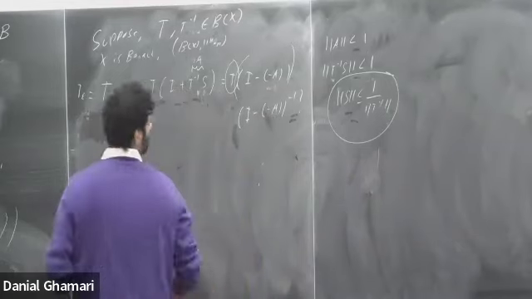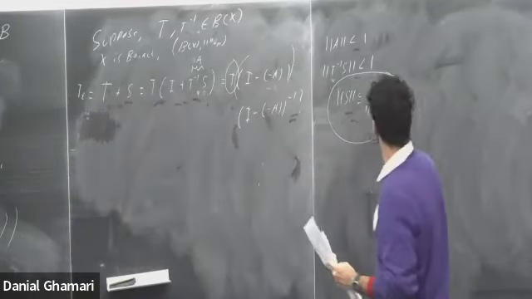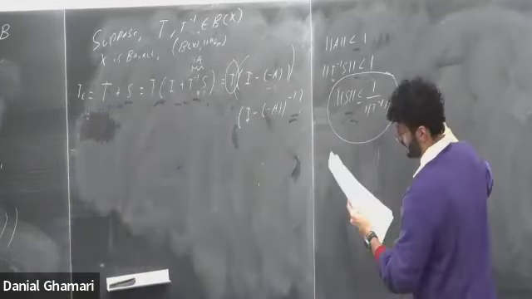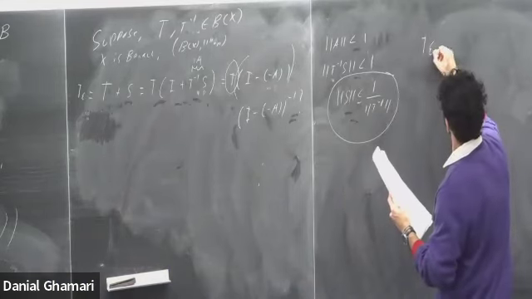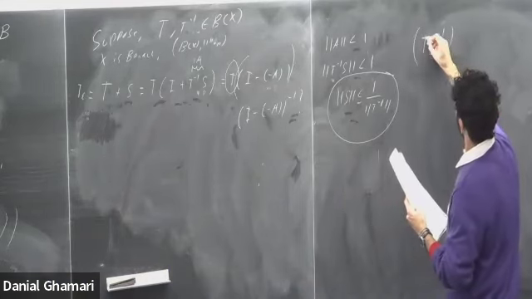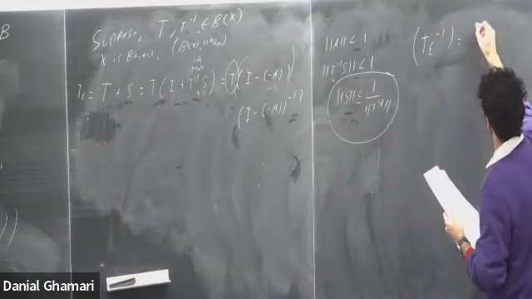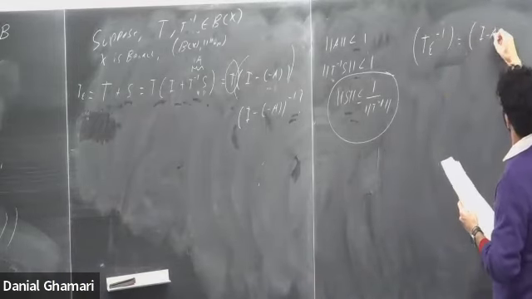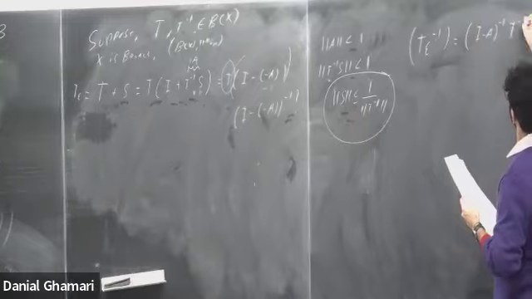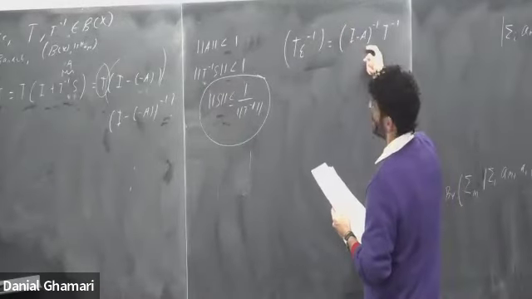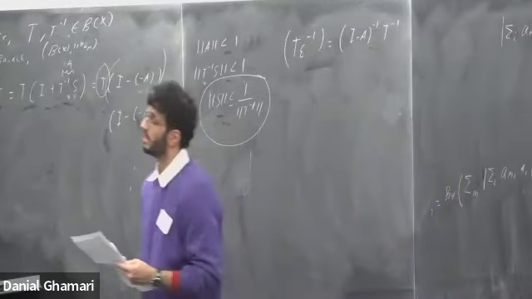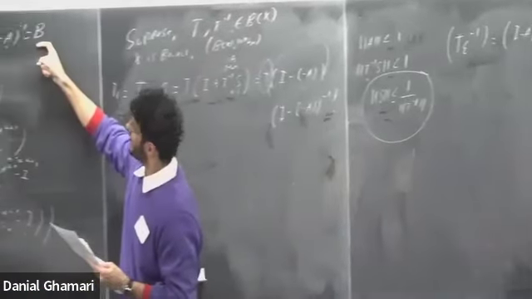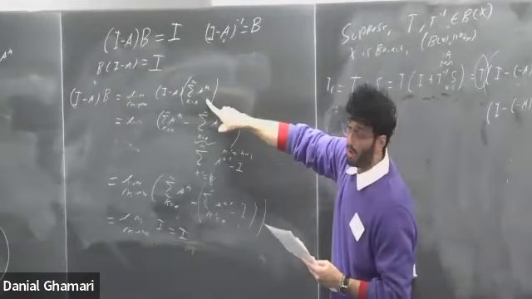So assuming this condition holds true, what I can then do is write out what T sub epsilon inverse is, which is just equal to (I minus A) inverse T inverse. (I minus A) inverse, we've shown here, is equal to the limit of this partial sum.